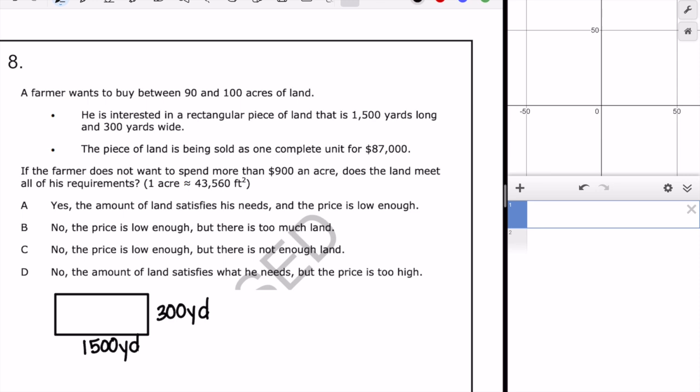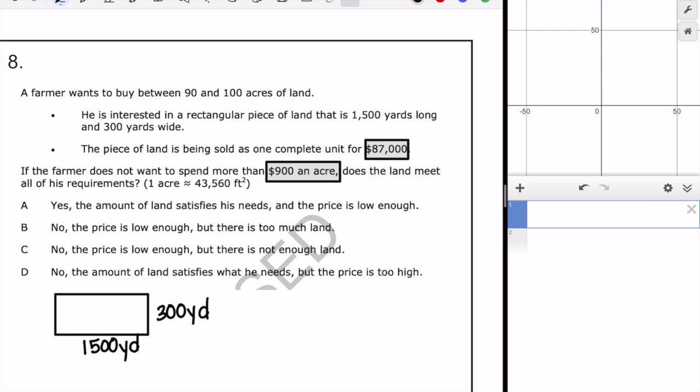It's being sold as one complete unit for $87,000. If the farmer does not want to spend more than $900 an acre, then we need to figure out, does this land meet the requirements in this situation.